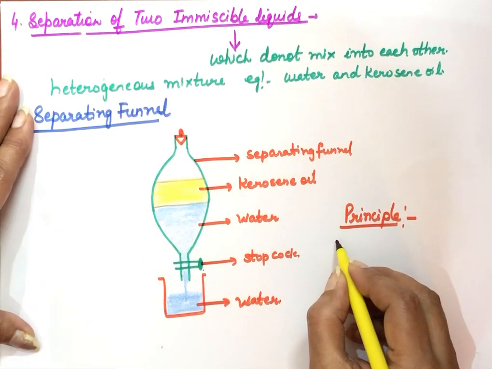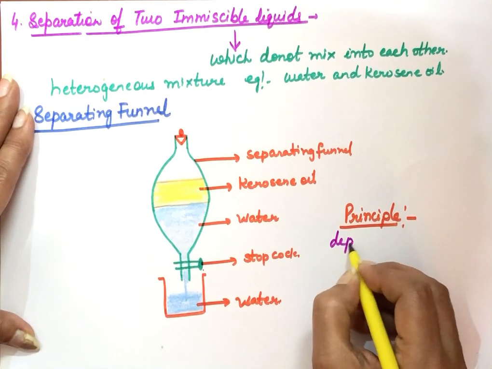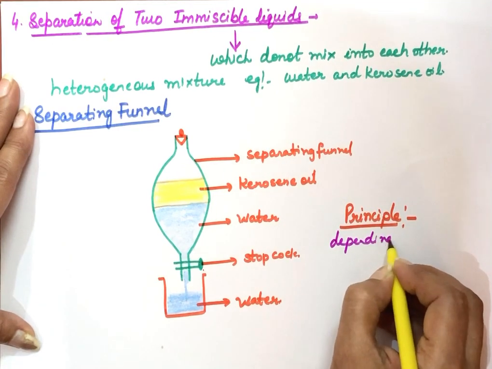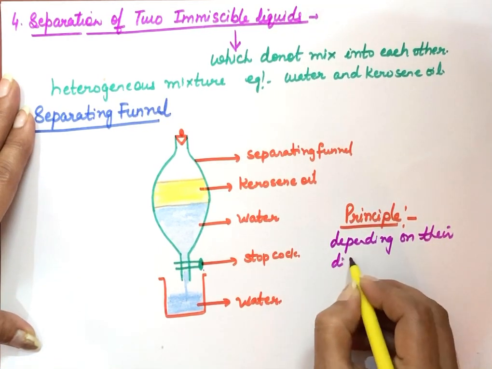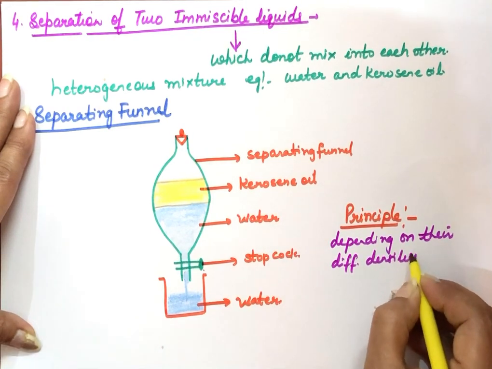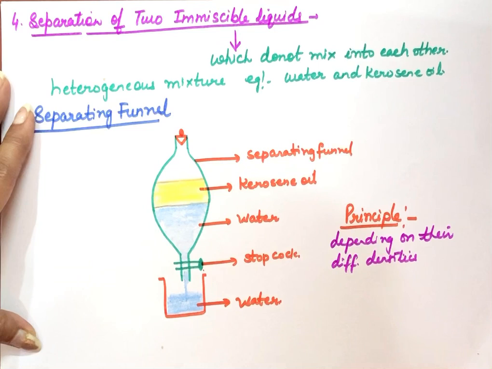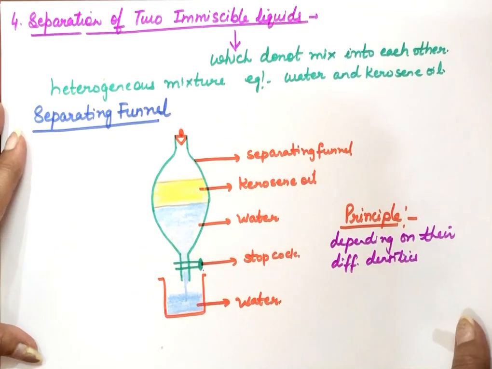So the principle behind this is that we separate them based on their different densities. This is our fourth method to separate two immiscible liquids using a separating funnel.